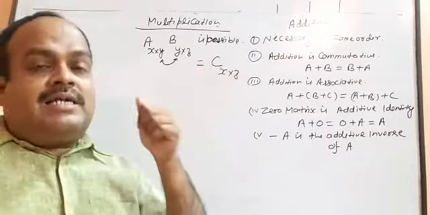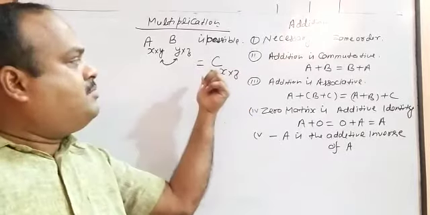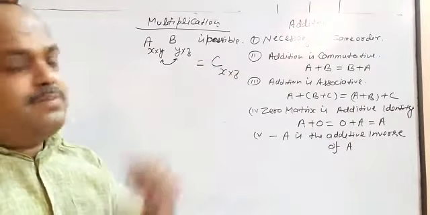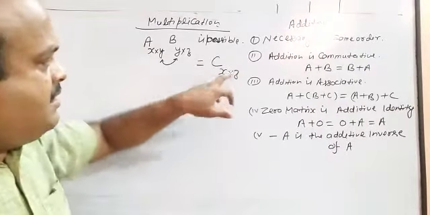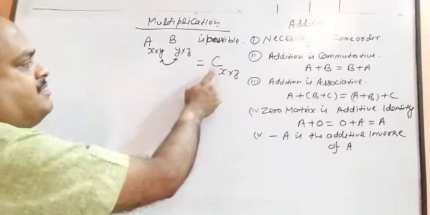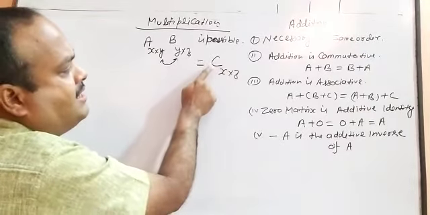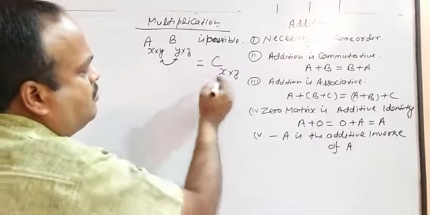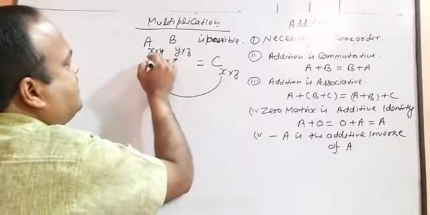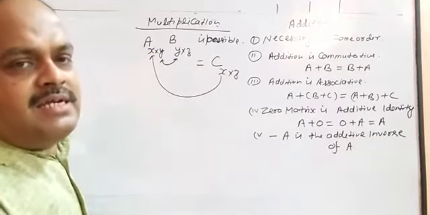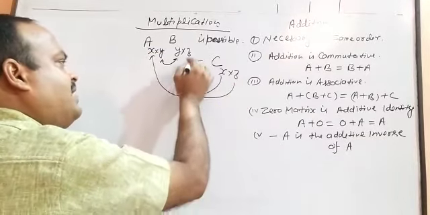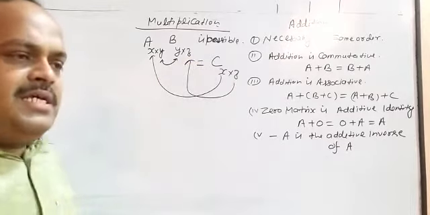X and z indicate the number of rows and columns of matrix C, the product. So the number of rows in C is the same as the number of rows of A. The number of columns in C is the same as the number of columns in B.